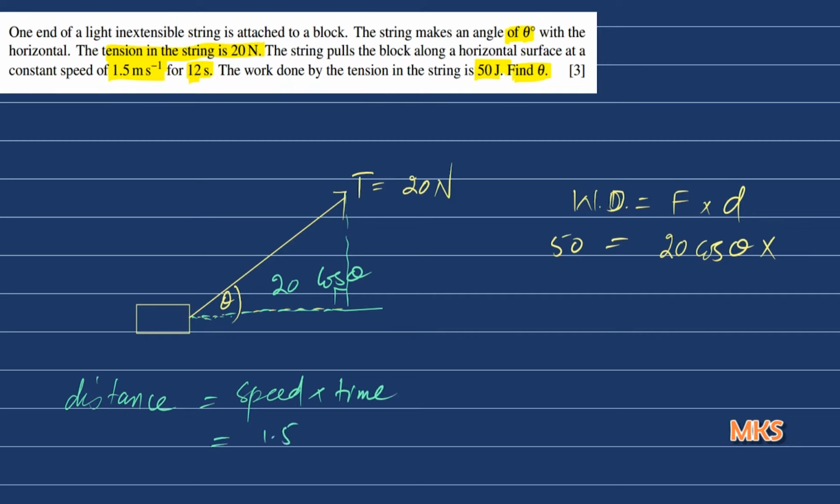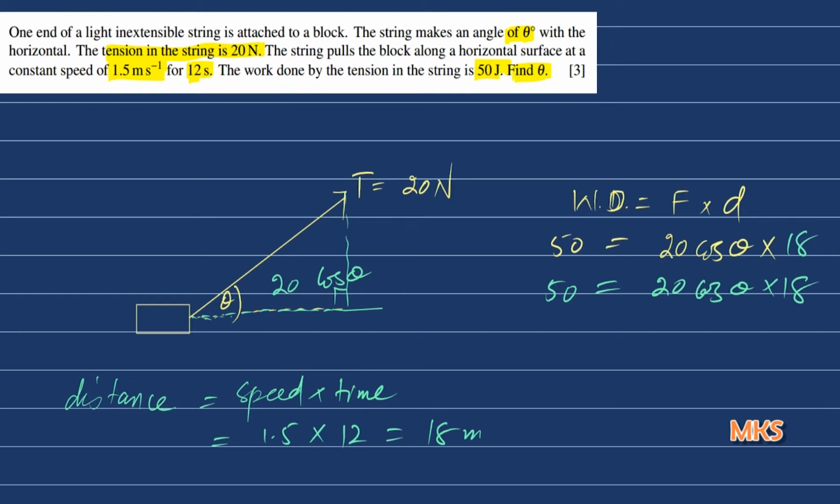Speed is 1.5 for 12 seconds. 1.5 times 12 is 18 meters. So 50 is equal to 20 cos theta times 18.